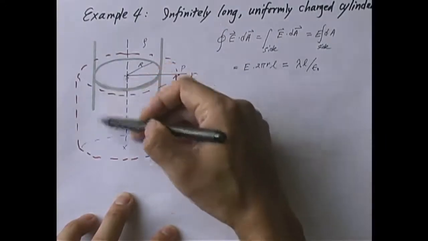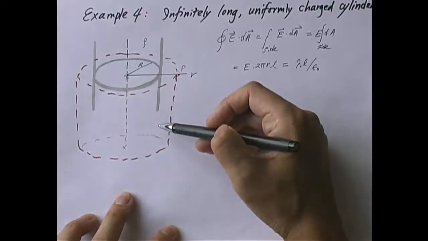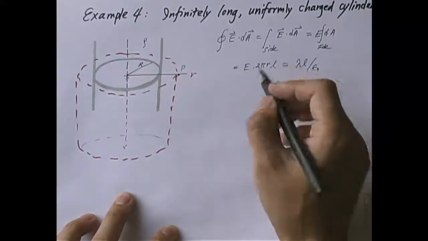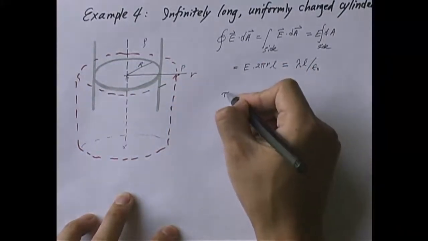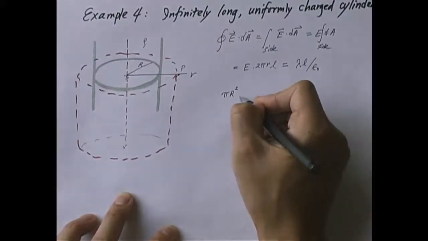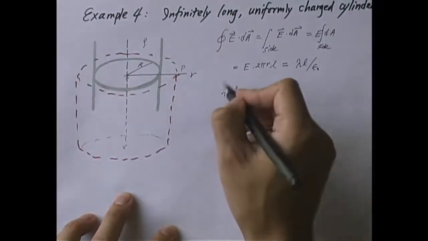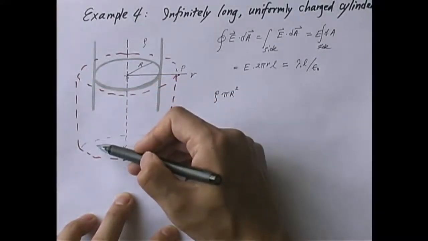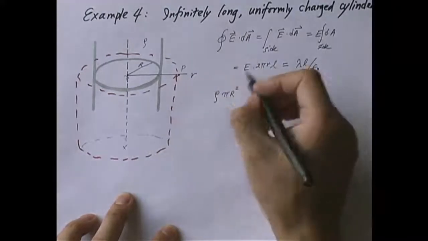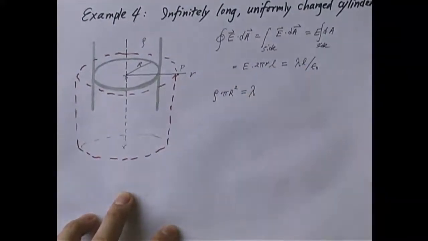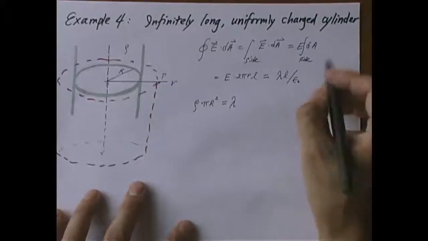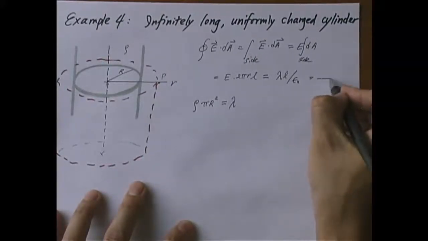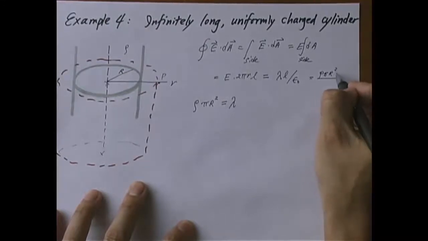Well, the volume of a cylinder of unit length and radius R would be pi R squared times 1 unit, right? That's the volume. Volume times the density rho, what do you get? You will get the charge enclosed by the cylinder per unit length. And this, by definition, is lambda. Okay? So this is equal to rho pi R squared L over epsilon naught.